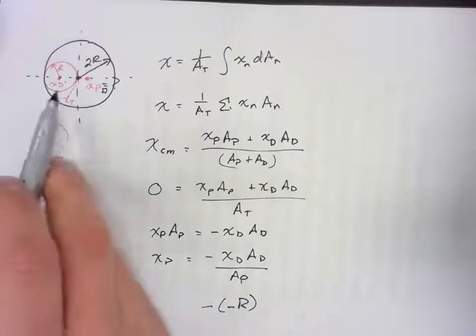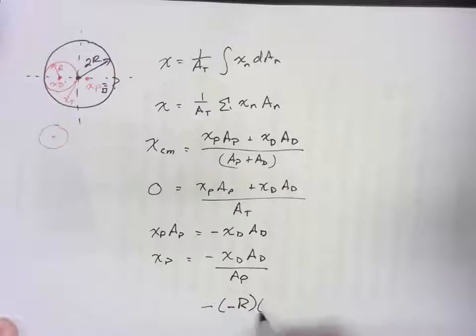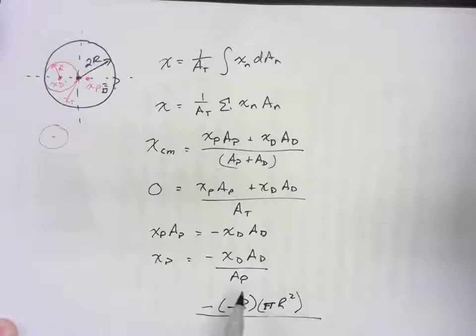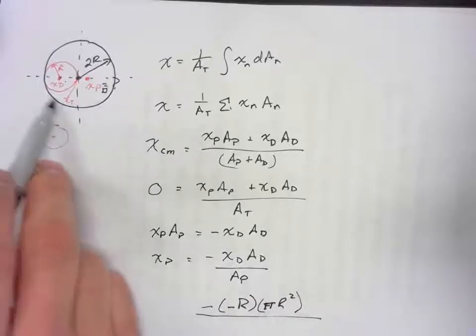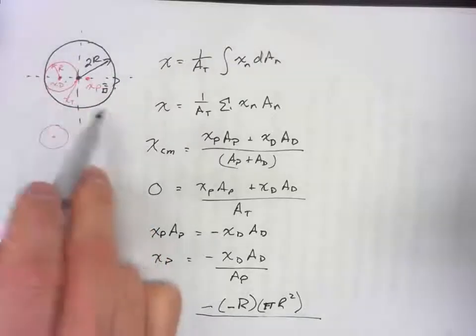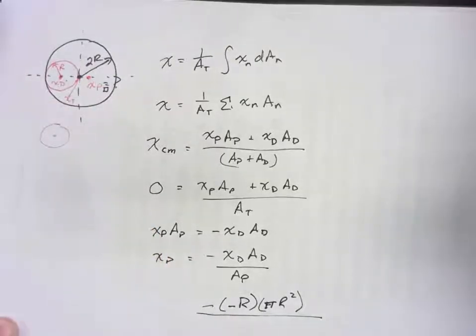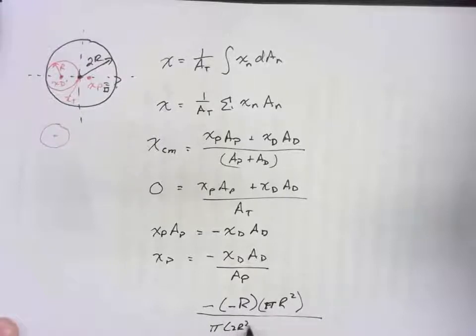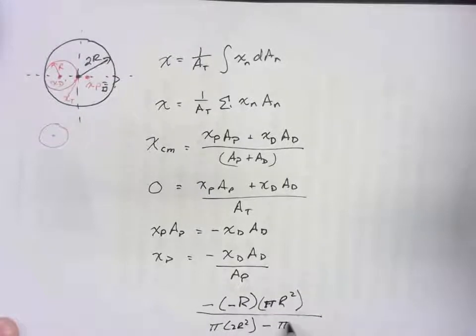The area of the disk is just pi r squared. Now the area of this plate is going to be the total area minus the area of the disk. So that's going to be pi times 2r squared minus pi r squared.